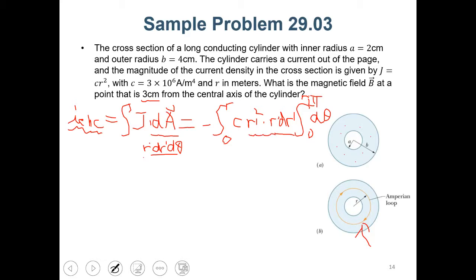So this is r cubed, and actually it will be something like C over 4 r to the 4th power. Sorry, this one should be from a, because inside there is no current. So this one should be a rather than 0. Okay.